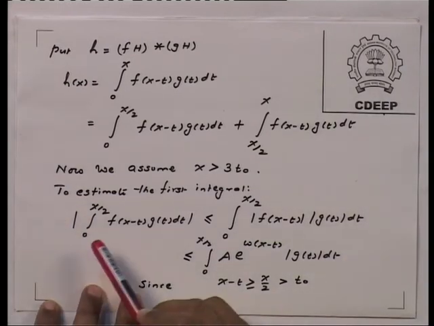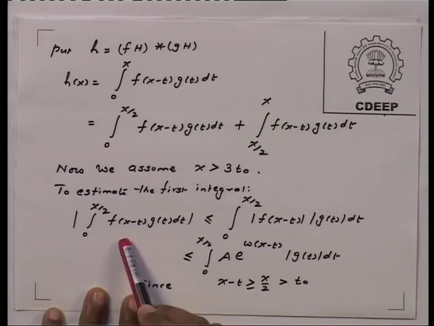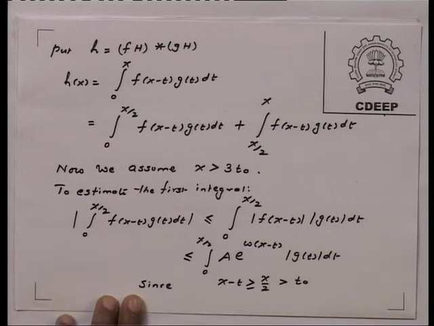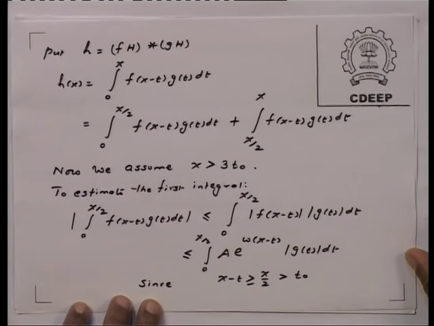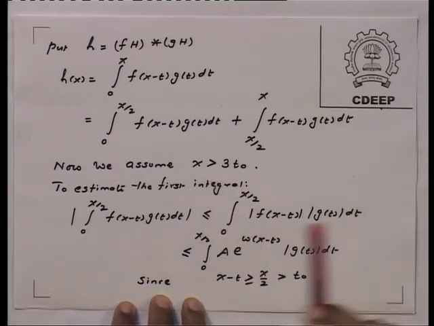So now look at this integral from 0 to x by 2, f of x minus t, g of t dt. Now t is running from 0 to x by 2. So x minus t is running from x by 2 to x, and x is bigger than 3 t naught.